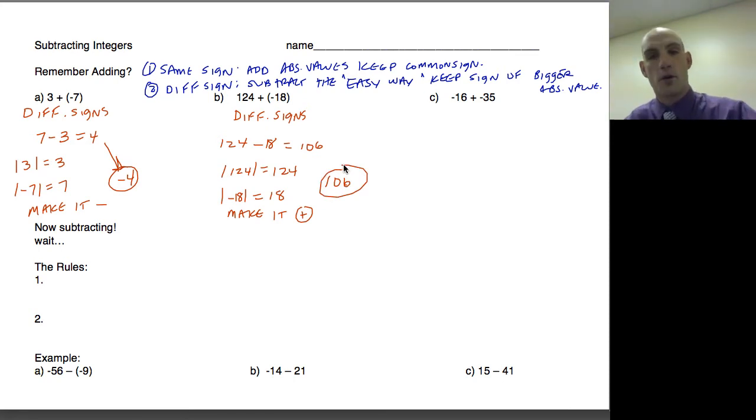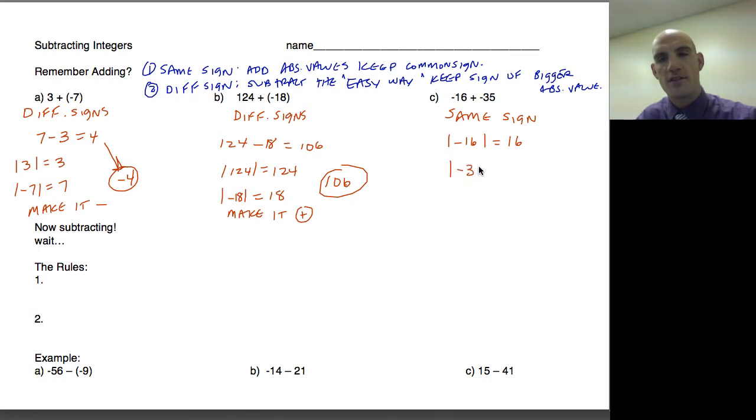All right, one more example. Here we have same sign, and that means that we're going to add the absolute values. So negative 16, the absolute value would be 16. And the absolute value of negative 35 would be 35. And so when we add those, we have 16 plus 35.